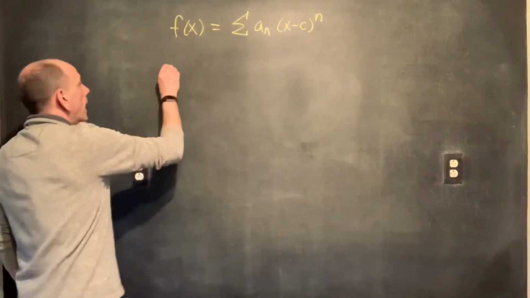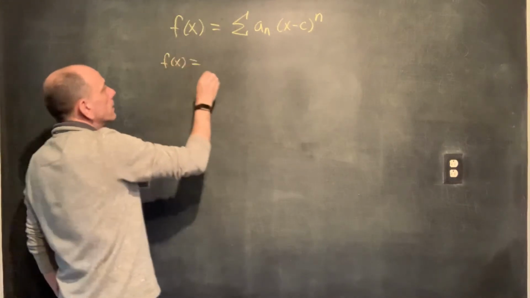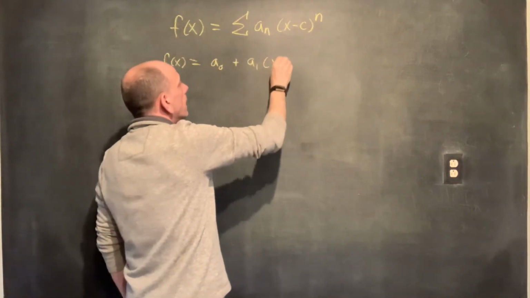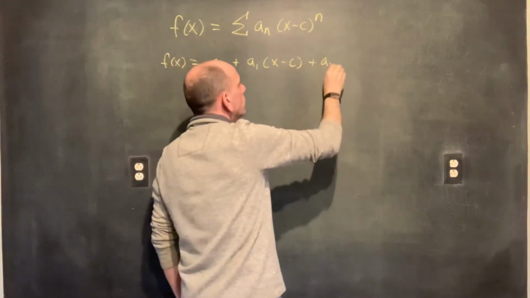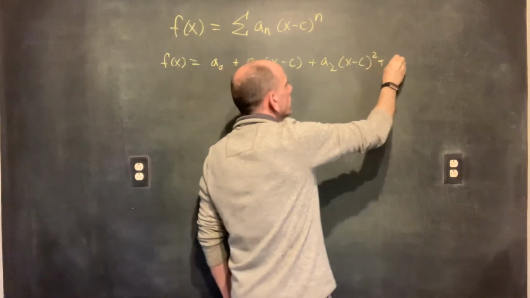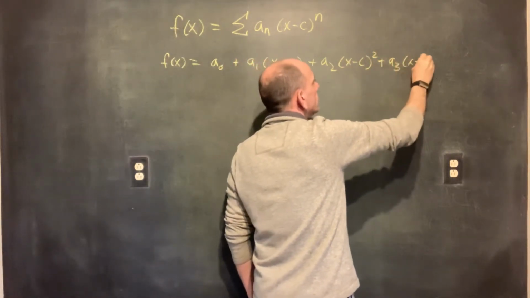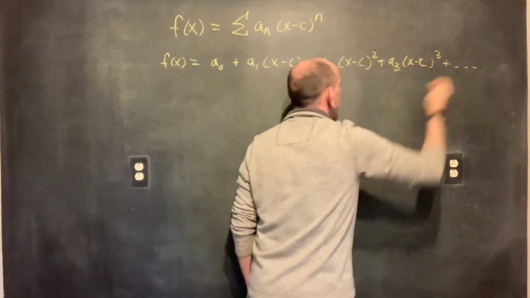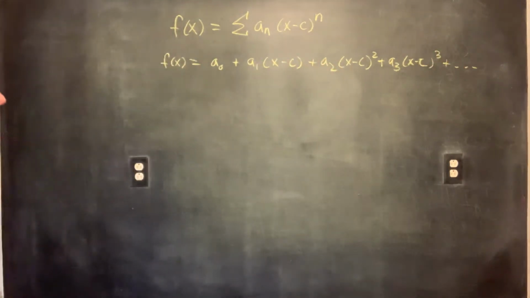It means that f of x is a sub 0 plus a sub 1 times x minus c plus a sub 2 times x minus c squared plus a sub 3 times x minus c cubed, and so on, right? I'm just writing out what that means.